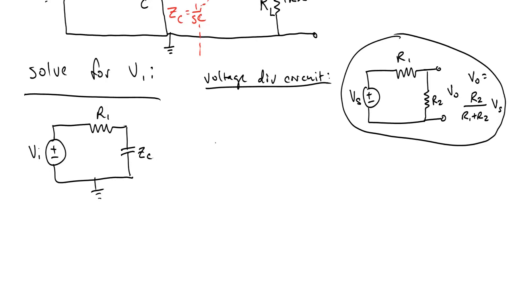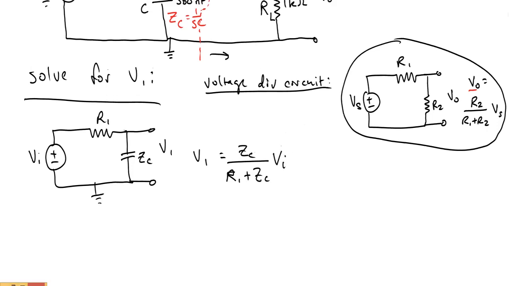Our relationship using voltage division comes from over here, but our VO is V1. So let's write it. V1 is equal to ZC over R1 plus ZC times VI, the input voltage.